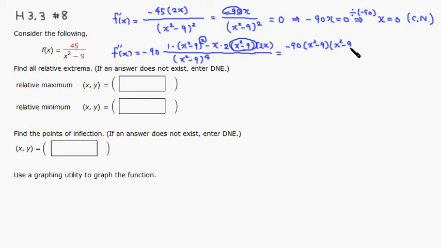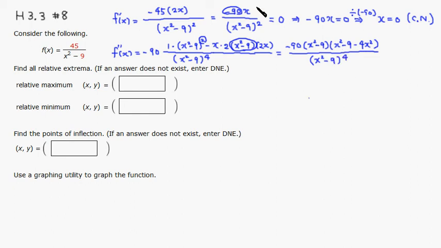Then you have minus 2x times another 2x, so minus 4x squared, divided by quantity x squared minus 9 to the fourth power.